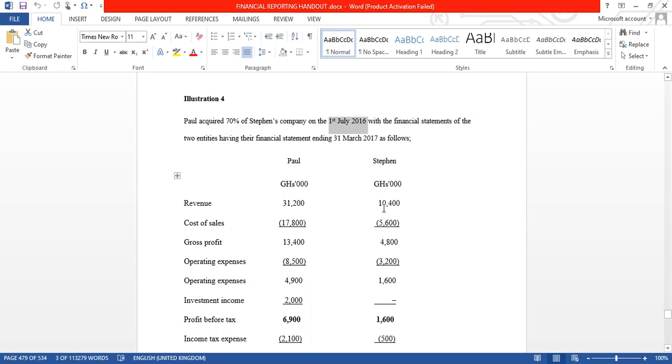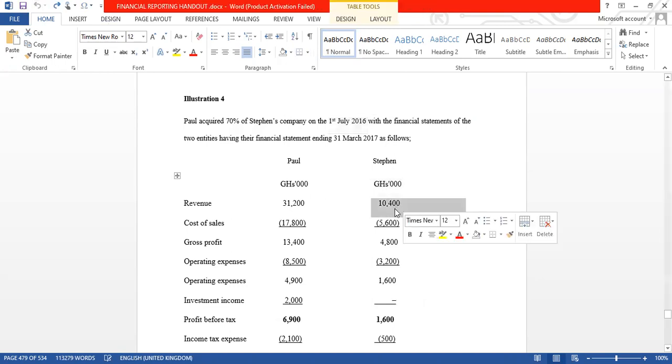So it means that all these figures must go through 9 months apportionment. I think there is a repetition here, which is supposed to be operating profit, right?